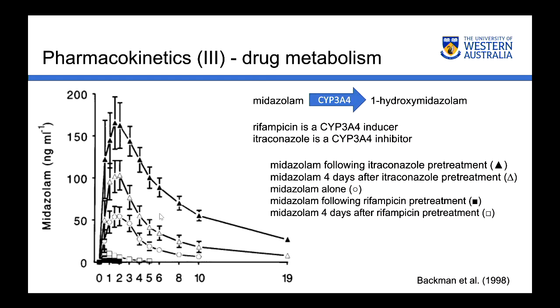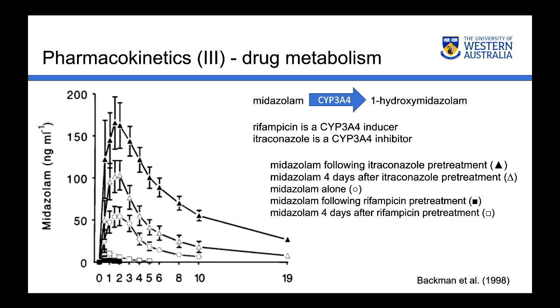That is what you see with the unfilled circles and the filled circles. That's what happens when you co-administer with an inducer. The metabolism is increased, and therefore the plasma concentration of the parent drug is dramatically reduced. This is an example of CYP induction.